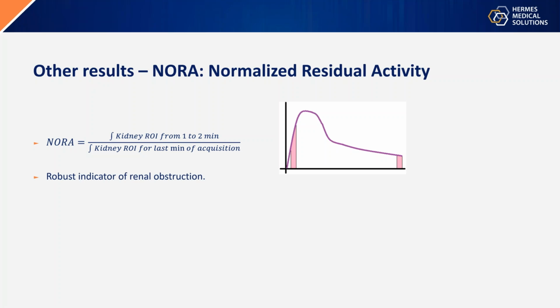It is, just like the outflow efficiency, a robust indicator of renal obstruction, and there's a high correlation between the two. A few hospitals use both, or they use just one of them, though the NORA is, of course, much easier to calculate, but if you have software, it doesn't really matter, as they usually show similar results.